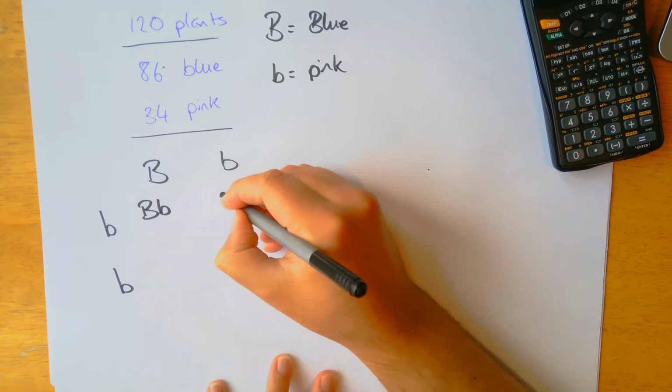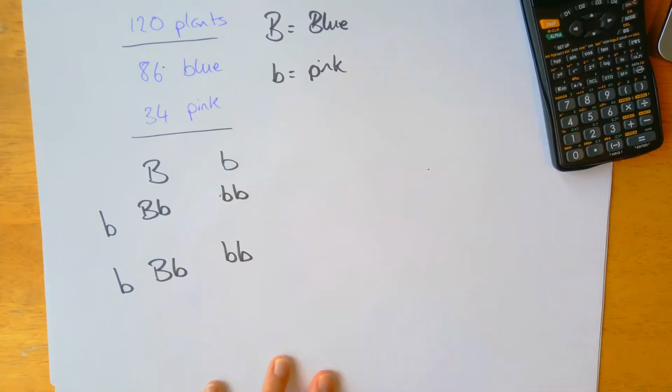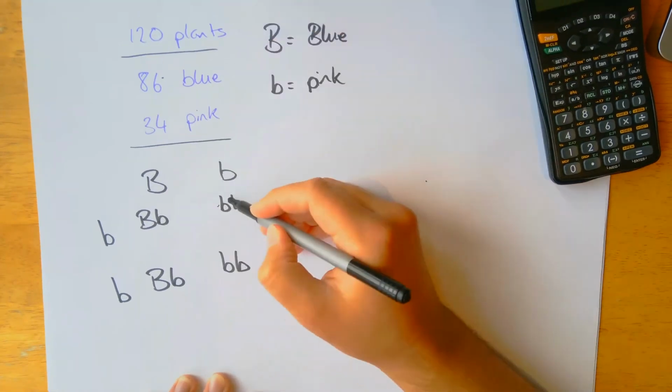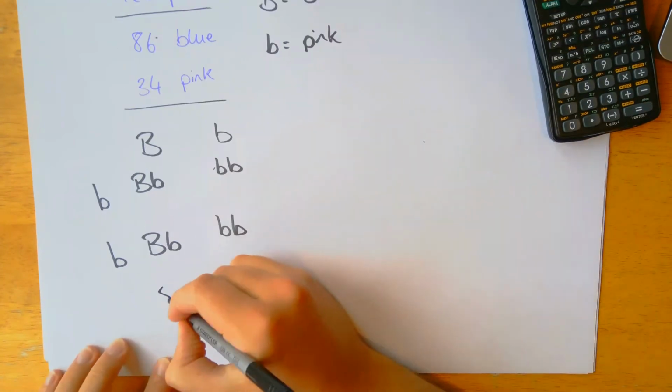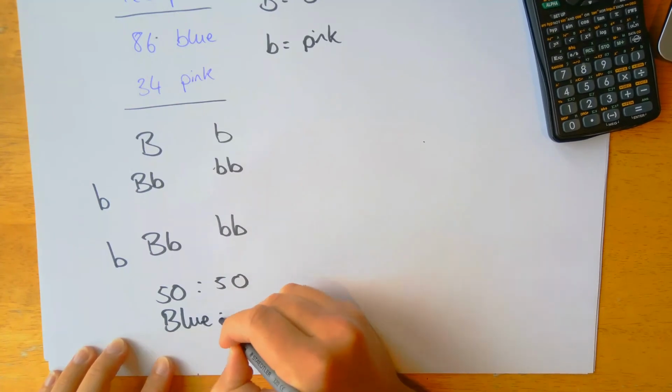We would then have this as our probability matrix, as our Punnett square. We would assume that for these 120 plants that were bred from a heterozygous parent and a homozygous recessive parent, we would have 50-50 blue to pink.